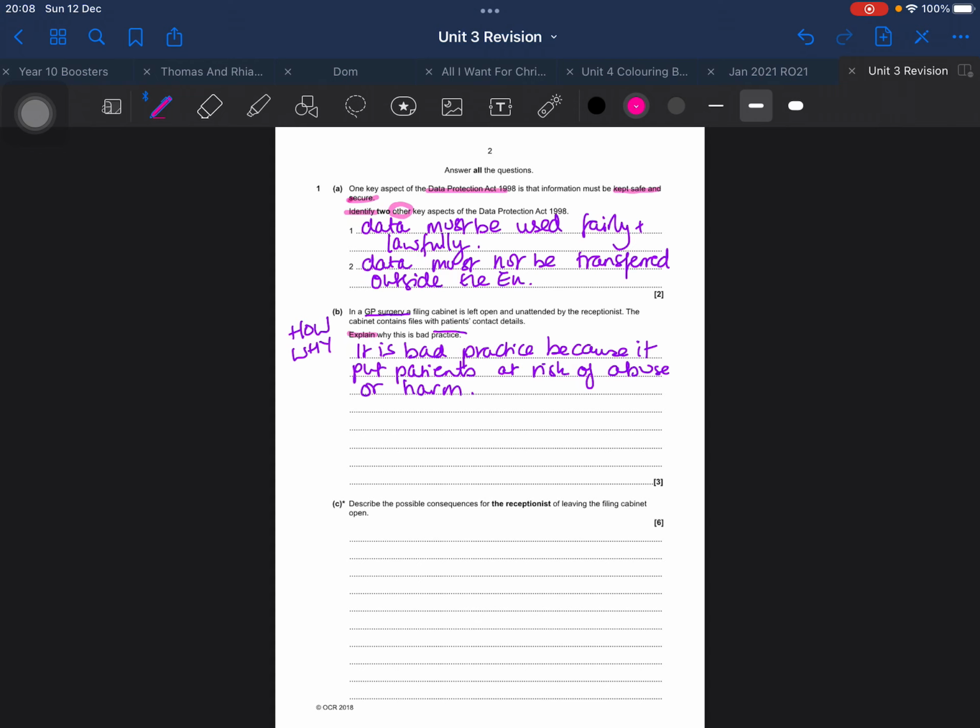There's also situations where it may be that the patient is put in danger if they're a victim of domestic violence and that the person accessing their details is their partner and they've found their address when they've had to be moved because of this situation. So it's important that only the people who need to see data actually do see that, and that comes under the patient's right to confidentiality.